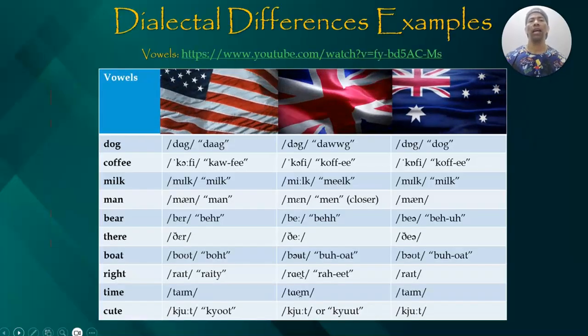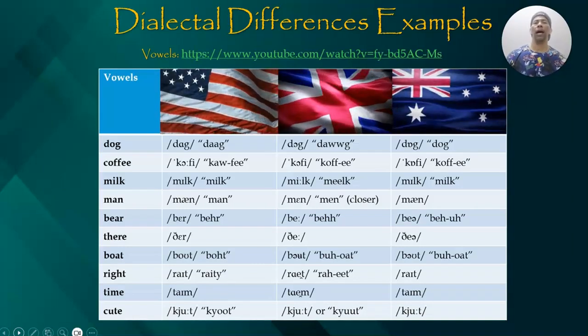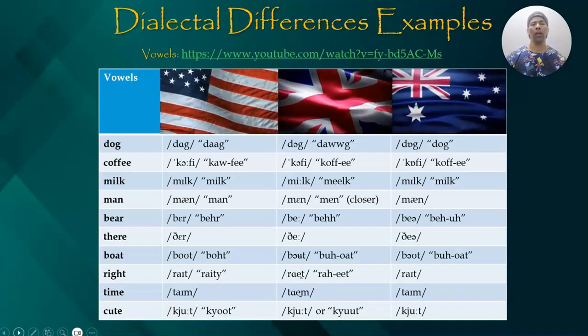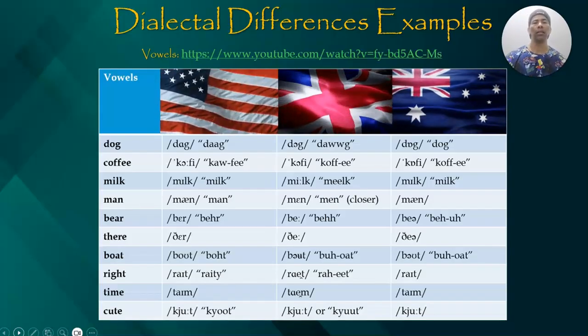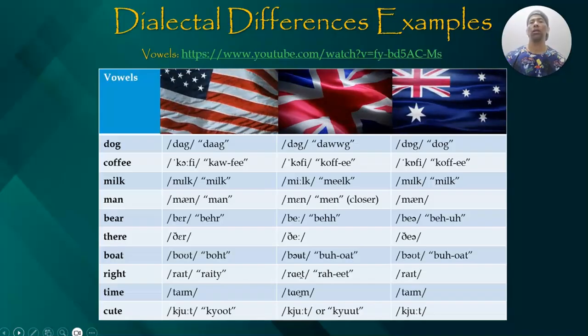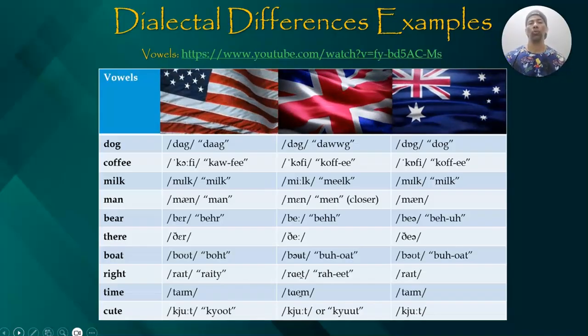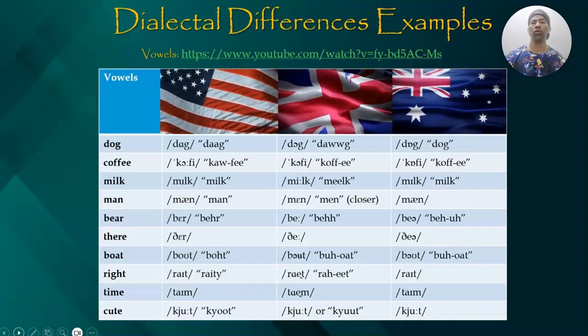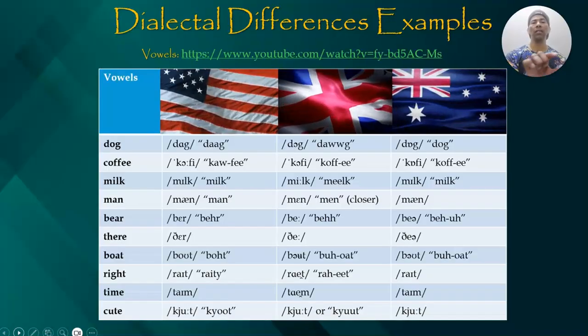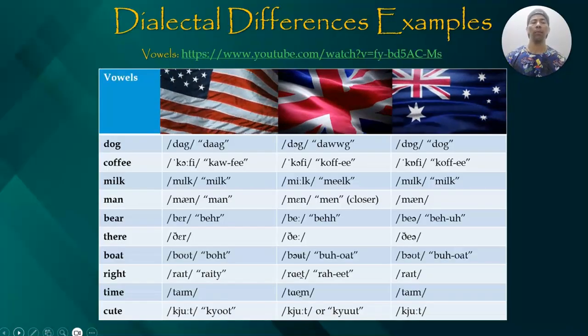Here there are some dialectal differences as examples. When it comes to vowels, for saying dog in American English, British English and Australian English, there are slight differences between them.